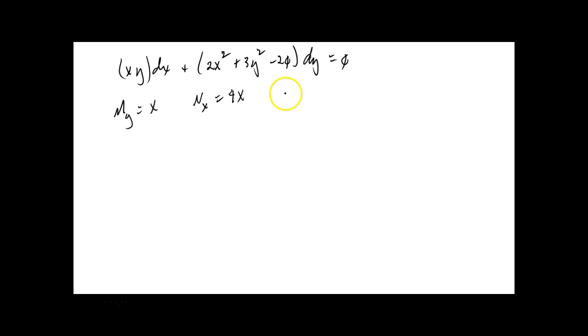We're going to do N sub x minus M sub y over M. That second one. And that gives us what?